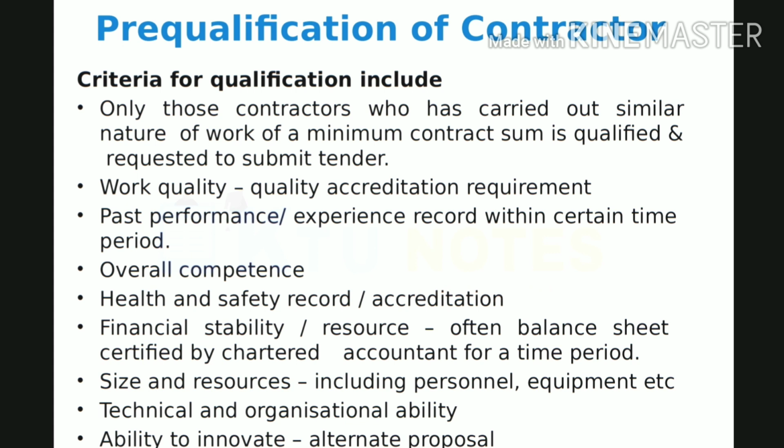The contractors should be financially stable and should be able to produce enough resources including personnel and equipment. They should have the technical and organizational ability. Also, if needed, they should be capable of producing alternate proposals. That is, they should be capable of putting forward innovative ideas if needed.